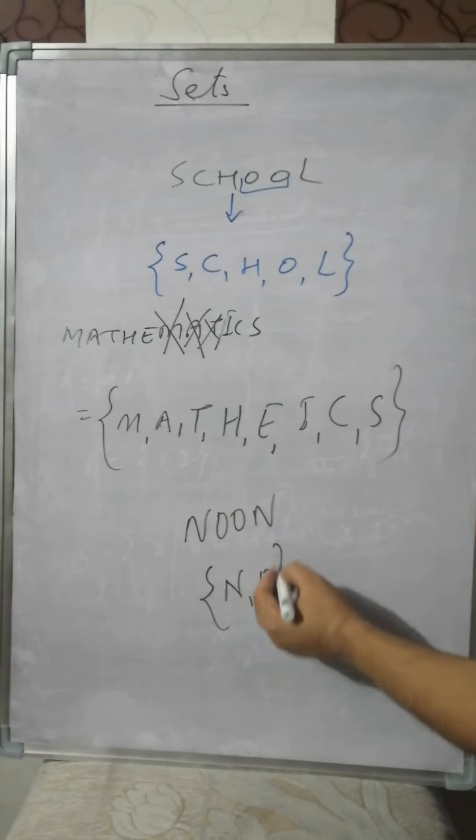Whether you write it as 1 2 3, or 2 3 1, or 3 1 2, all these sets will be the same. You cannot say that they are different sets. Okay, in sets order doesn't matter. You can write an element wherever you like, first or later, it doesn't make a difference.